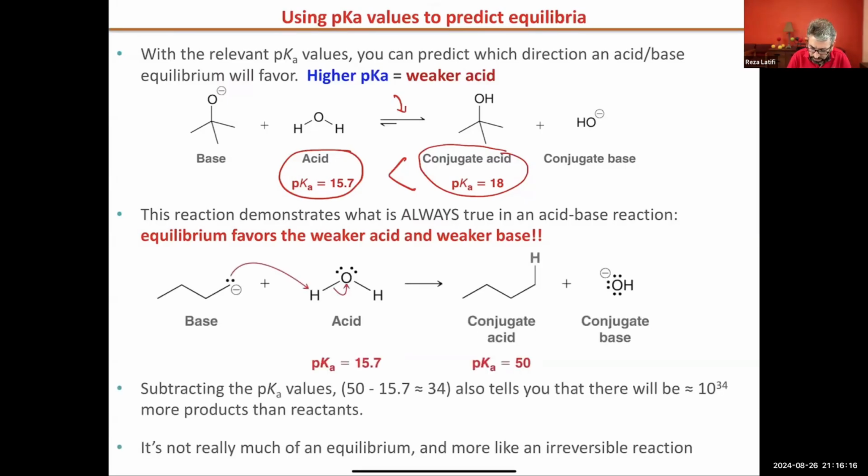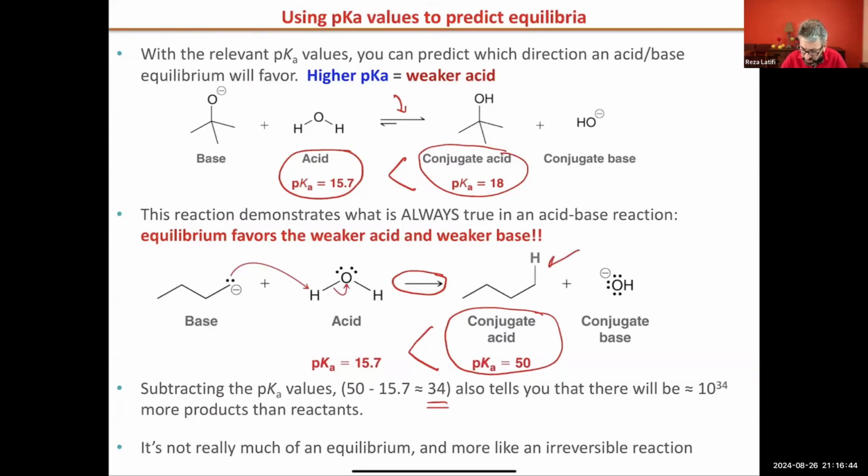Next one. Look, they wrote it as a single arrow. And if I subtract the two pKa's, the gap between them is 34. That's a huge difference. It's telling me the pKa of the product, the conjugate acid, is way bigger than that of the starting compound. What does it mean?